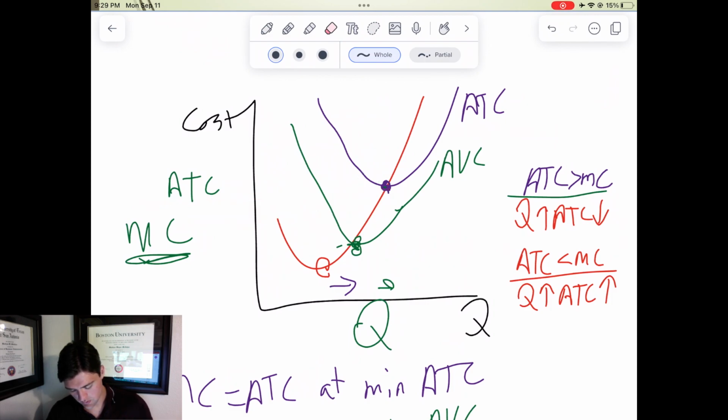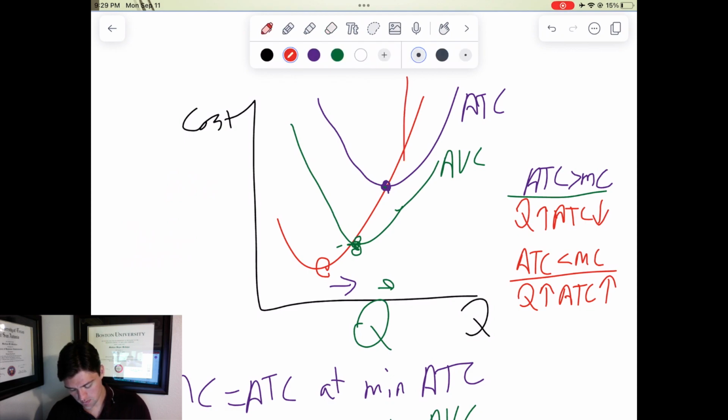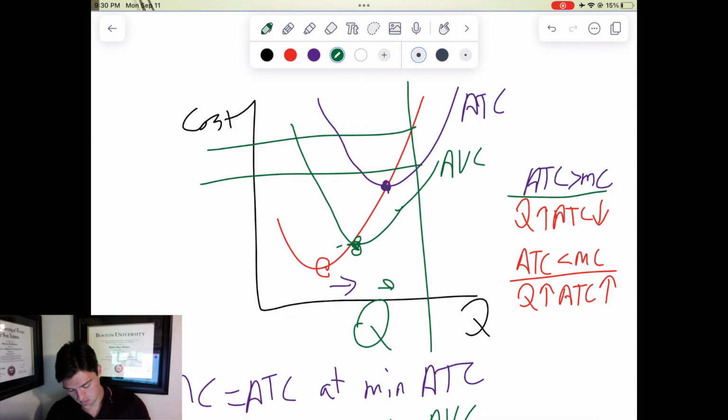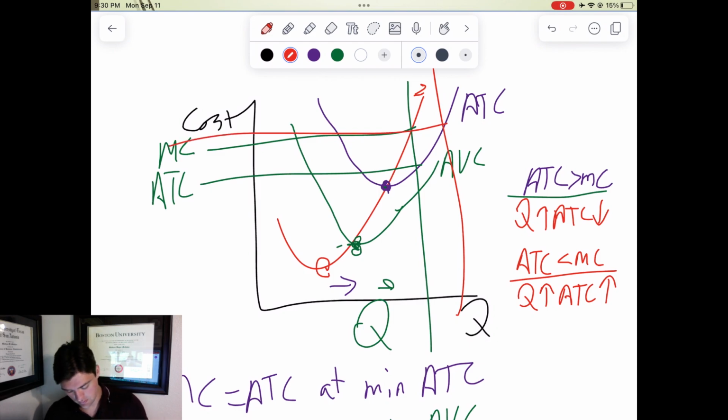So if we were to have a situation where your marginal cost is more than your average variable cost, average total cost, and you were to increase production again, your ATC is now increasing if you were to increase production.